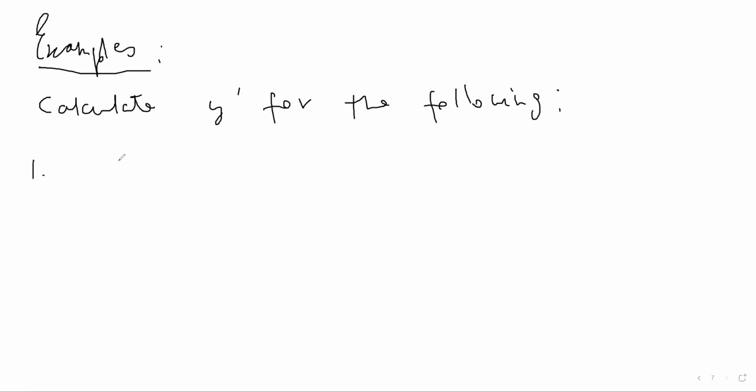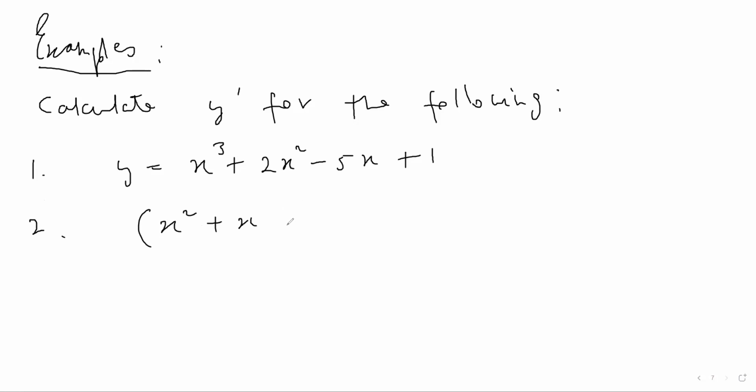Number one, y is equal to x cubed plus 2x squared minus 5x plus 1. Number two is x squared plus x plus 2.